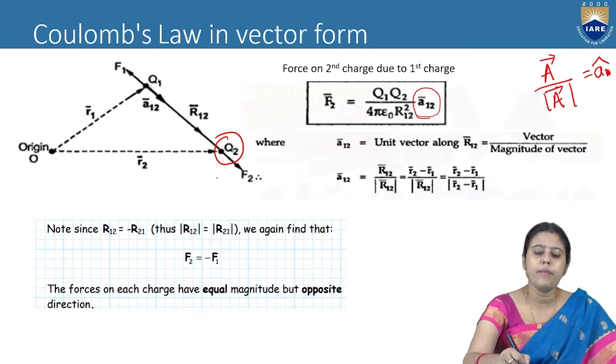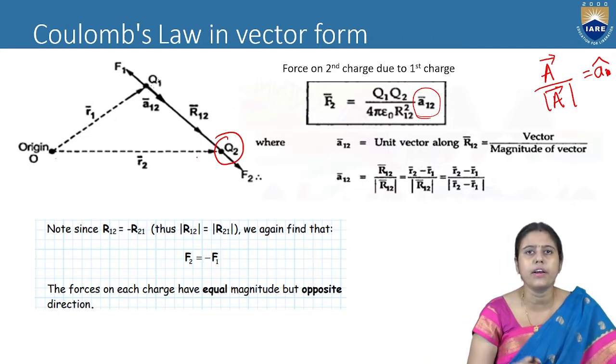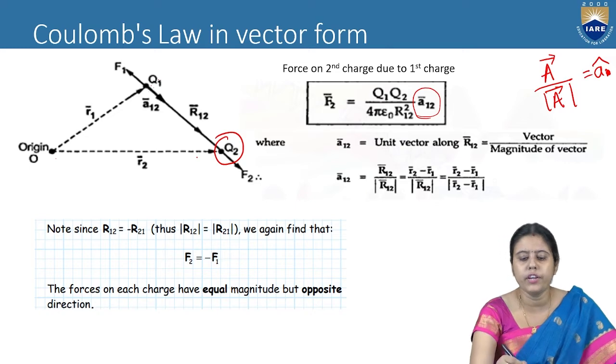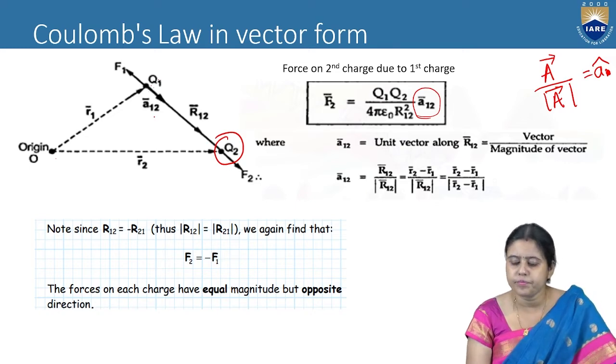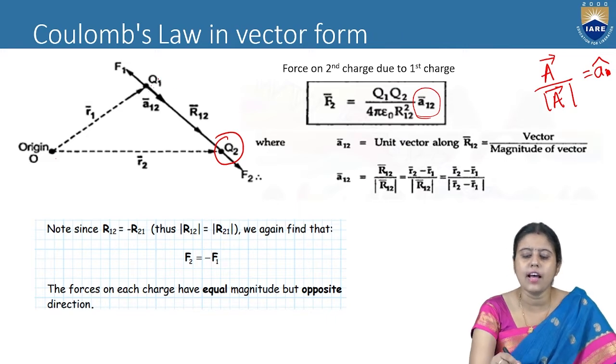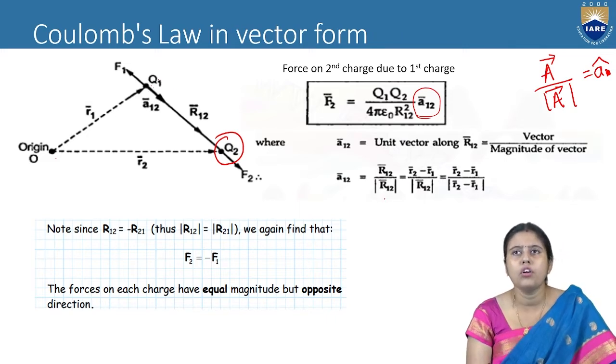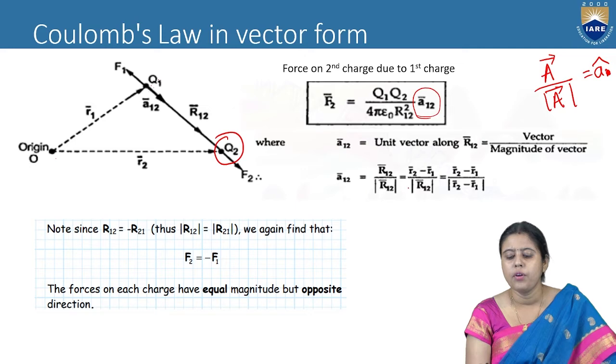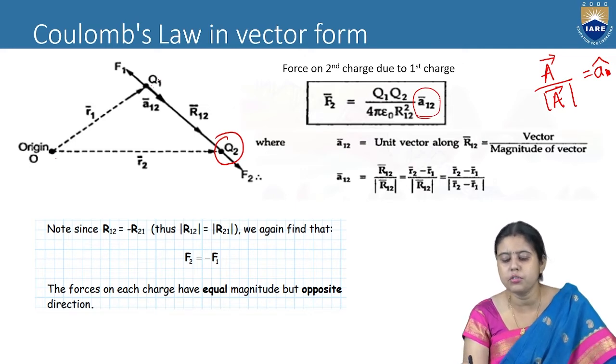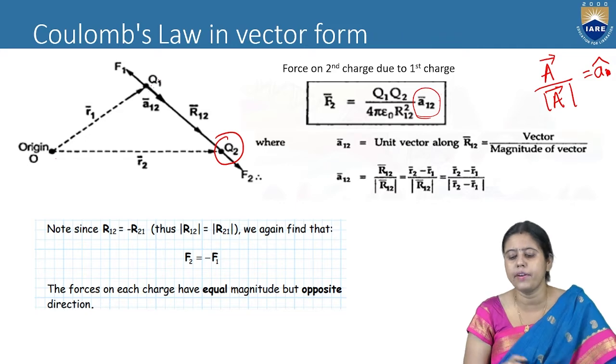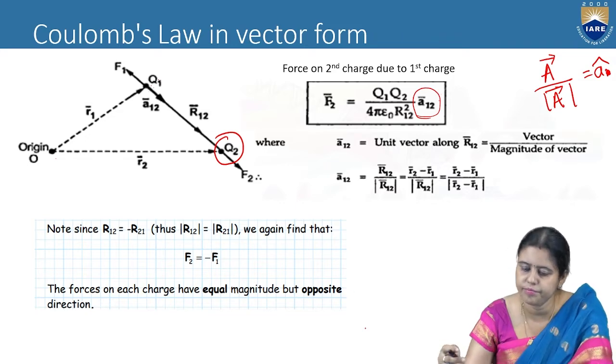Here the main vector is the distance vector between 1 and 2. So the unit vector is R12 by mod of R12. So this is A12. If we substitute the value here, what will happen? Let's check.